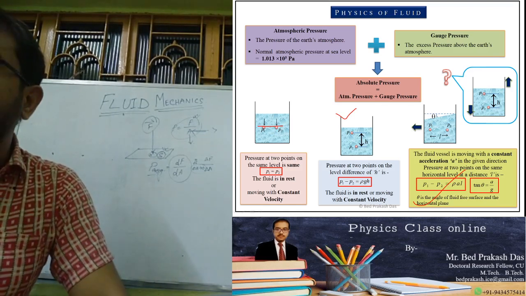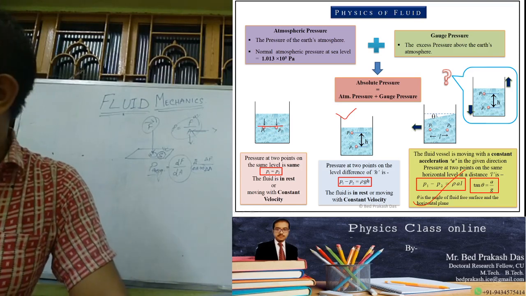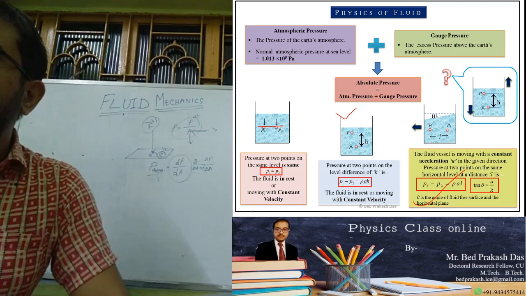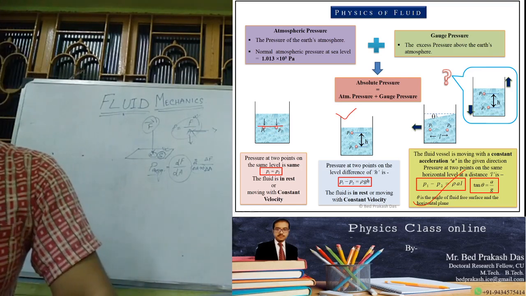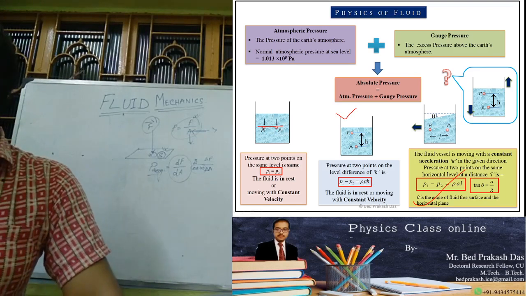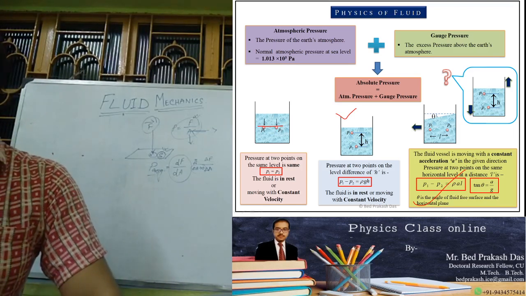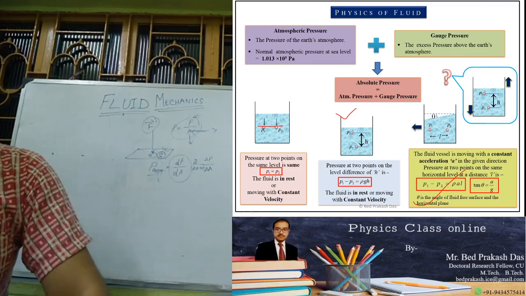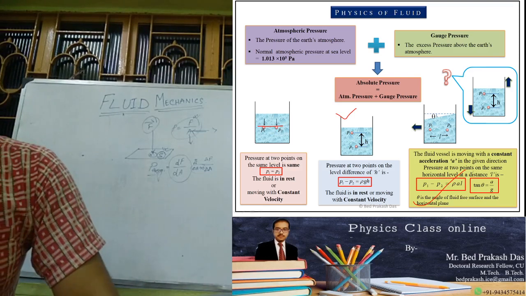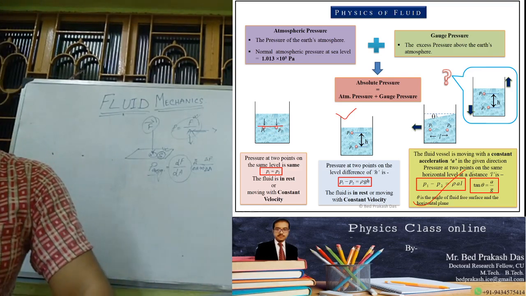Now the vessel has two different pressure points, P1 and P2, separated by a distance of L. Now the pressure difference will be P1 minus P2 equals rho a L, where theta can be found from tan theta equals a by g.